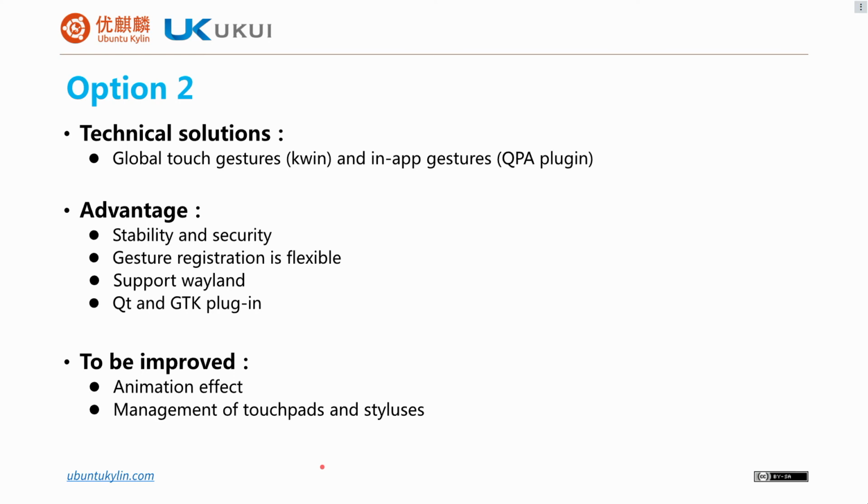So we choose the second option, which uses Kylin and the QPA plugin. This solution is working well so far, but there are still some areas that can be improved, such as animation effects and touchpad and stylus pen support.